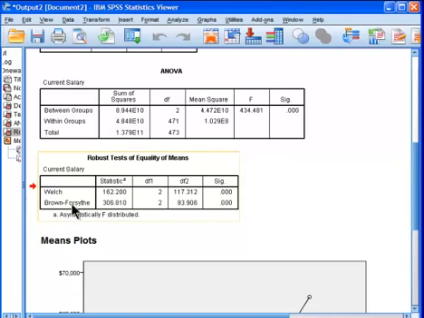Now Brown-Forsythe is also finding a statistically significant effect, and the added bonus of the Brown-Forsythe procedure, in addition to unequal sample size and unequal variances, is that it also gives you more protection against non-normally distributed data in your dependent variable. At least I've read that once or twice in a resource here or there.